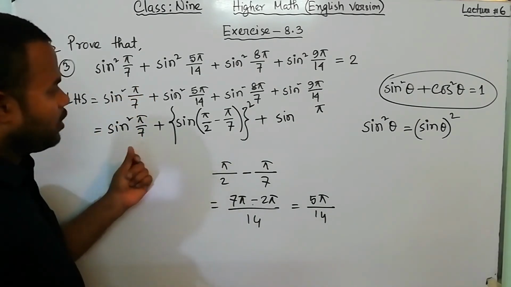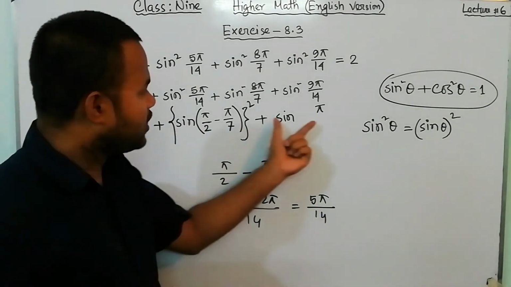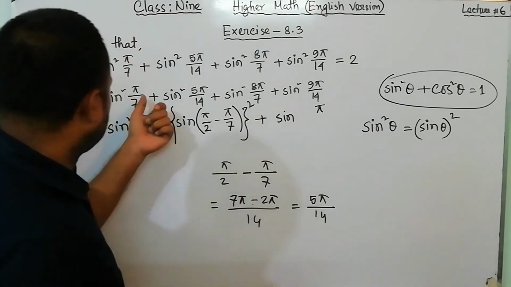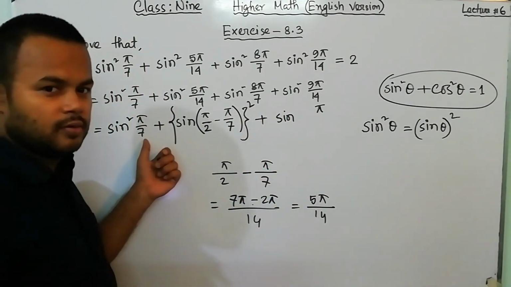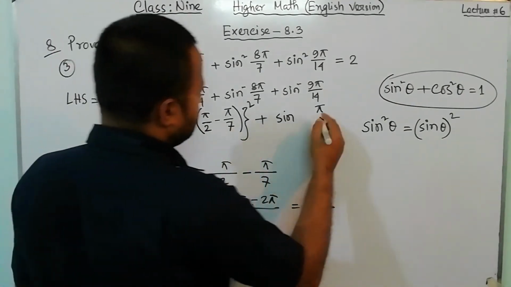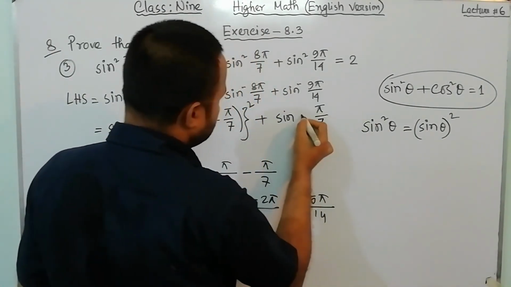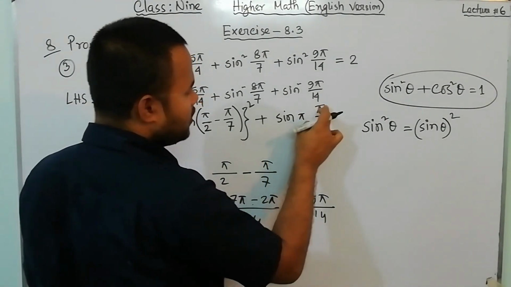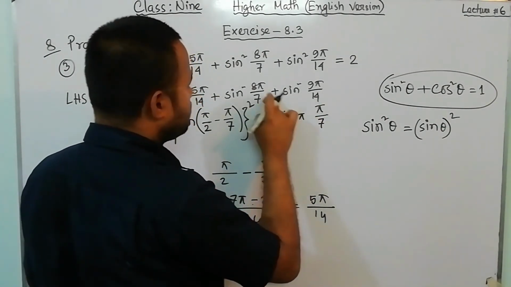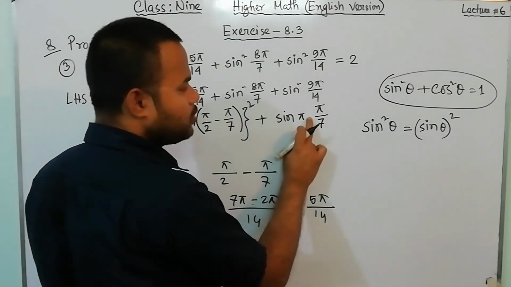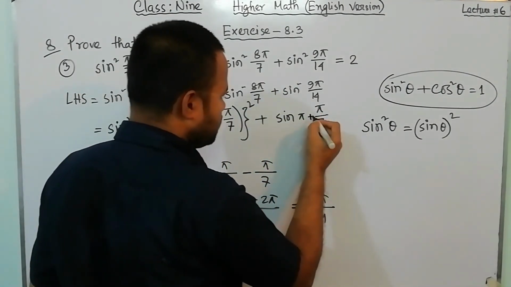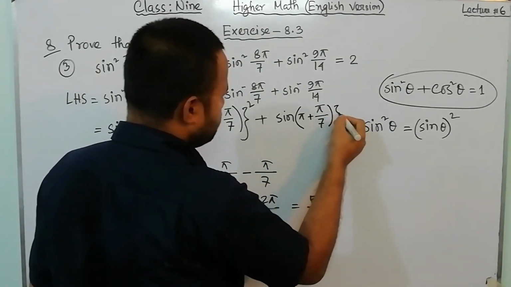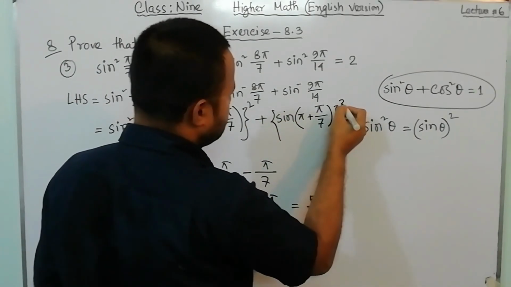That's why we are converting all terms in terms of pi by 7. Here pi by 7. Now if we put pi here, then we have 7 pi, that is here another pi, so we need 8 pi, so we have to put plus here. Okay, now put square.